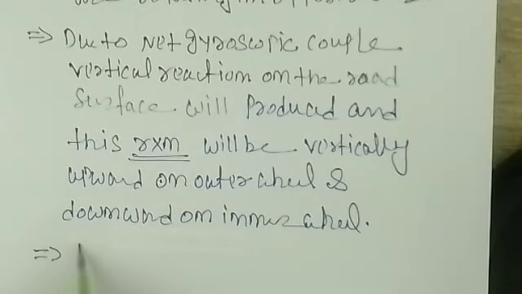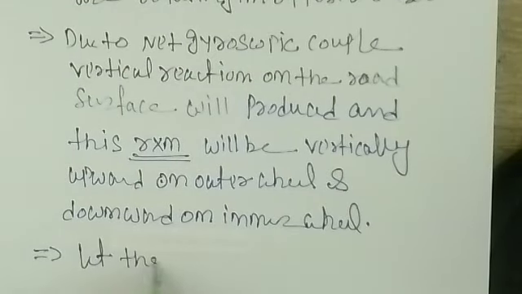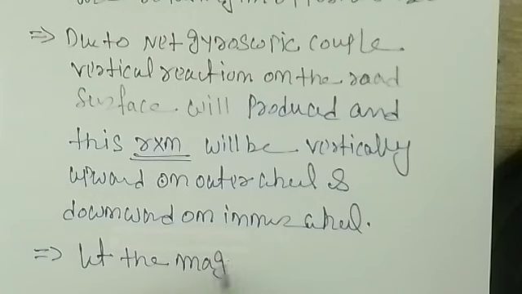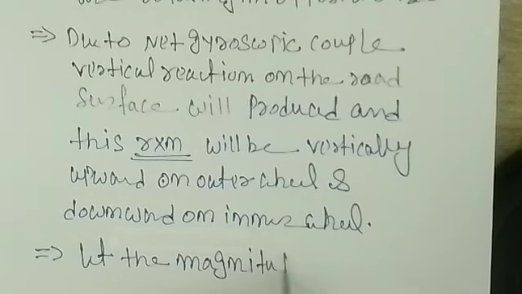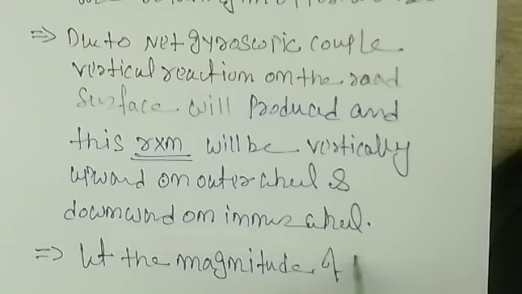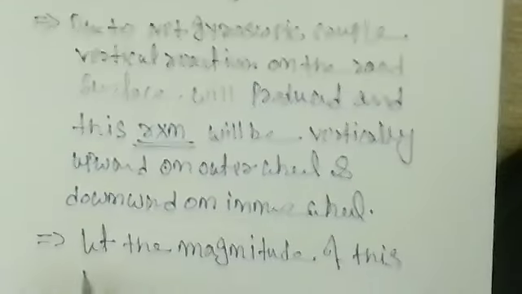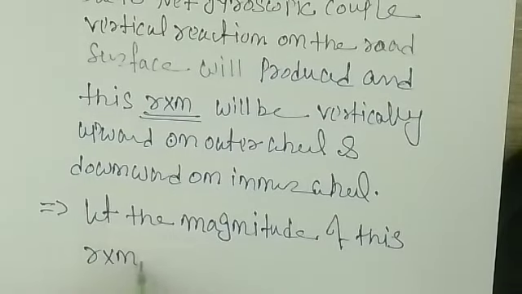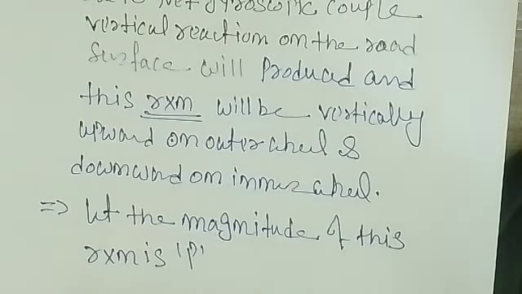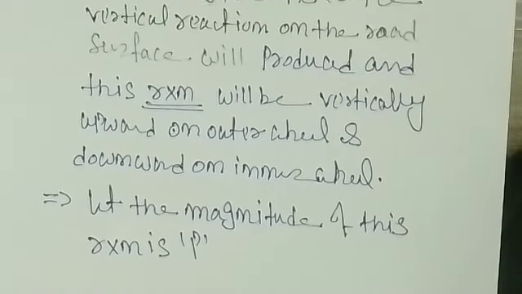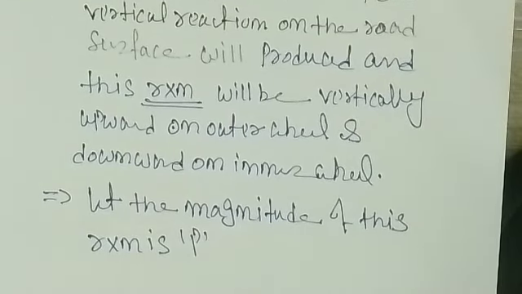So you can consider, let the magnitude of this reaction be P, right? Actually this P is distributed on the outer and inner wheel, so we can find the reaction on outer and inner is P by 2.